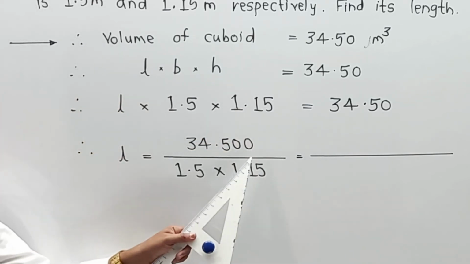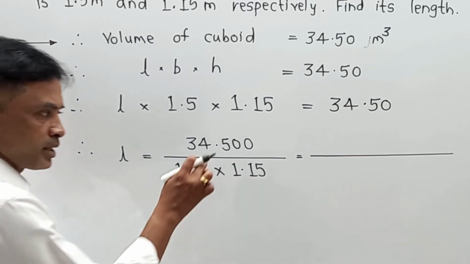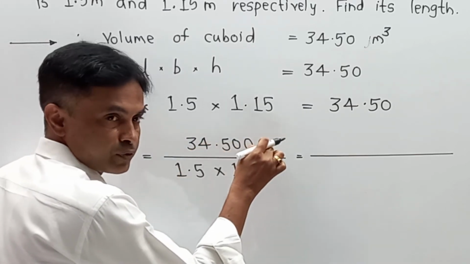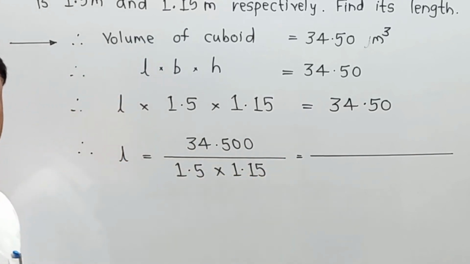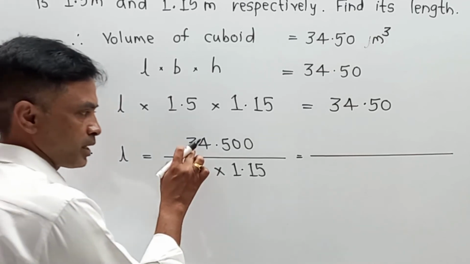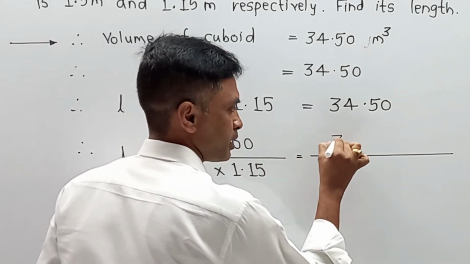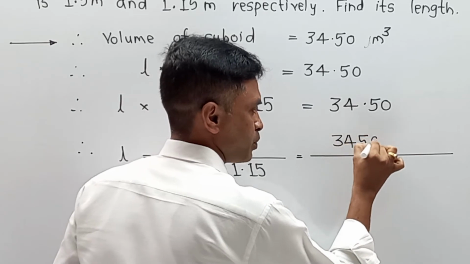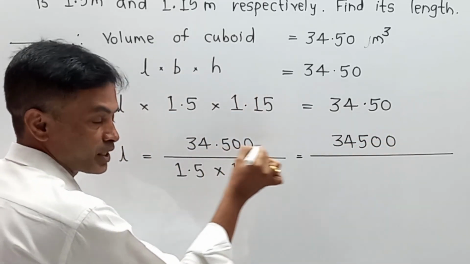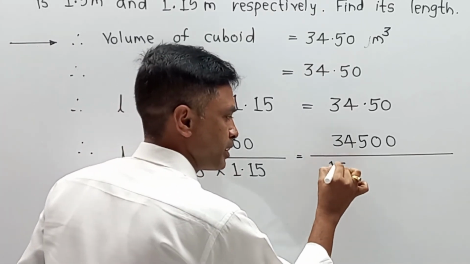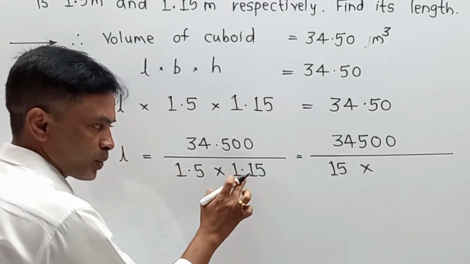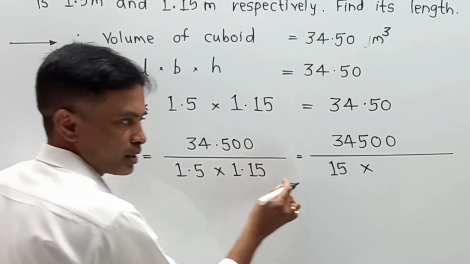This is the main step. Why? Because we can shift 3 decimals in the numerator and 1 plus 2, means 3 decimals, in the denominator, and the numerical will look like 34,500, with 1.5 becoming 15 and 1.15 becoming 115.